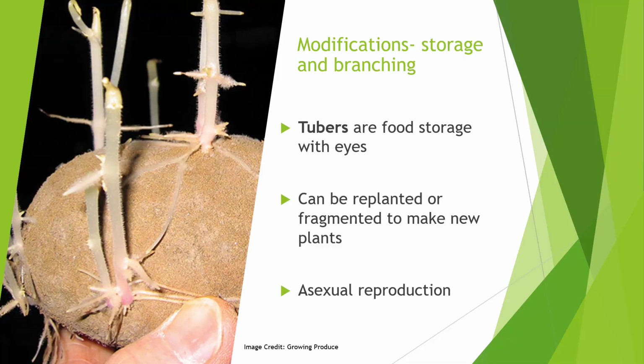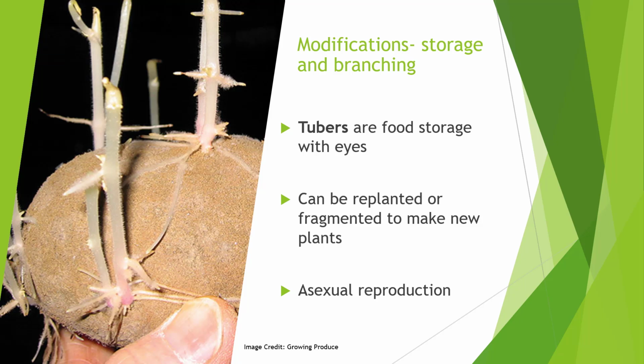What about some greater amount of storage? Well, that's for tubers. So a potato is an underground stem that is filled with starch. Where there would be those leaves coming off of the side, you have little eyes. Now, what happens underneath leaves is often that's a space where a branch can grow in the future. And what you see growing out of those eyes are new branches coming off of this stem.